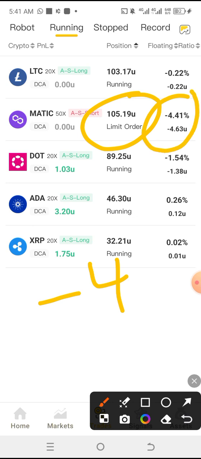So assuming this did not buy more at 4% dip, probably this coin will be about 7% dip at this time. Because when it bought at 4% dip, it returns to 1 point something percent. So probably 1.3, 1.4, thereabouts. Let's put it that way. And it has gone again another dip of 3 more percent.